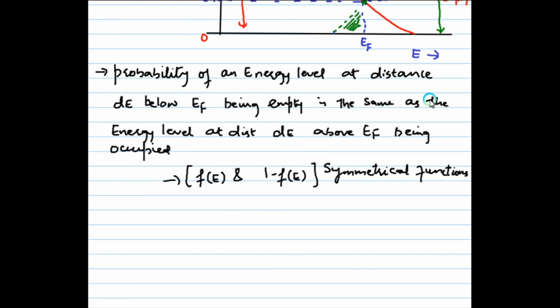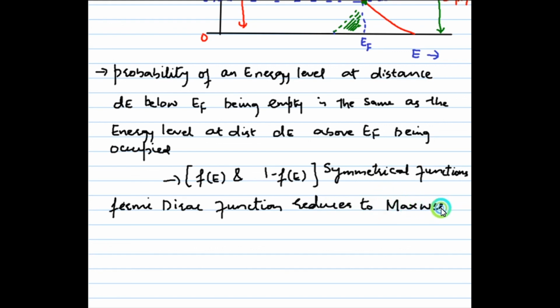And there are other calculations: the Fermi-Dirac function reduces to the Maxwell-Boltzmann distribution for higher energies.